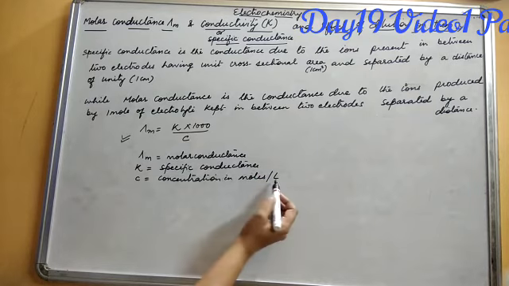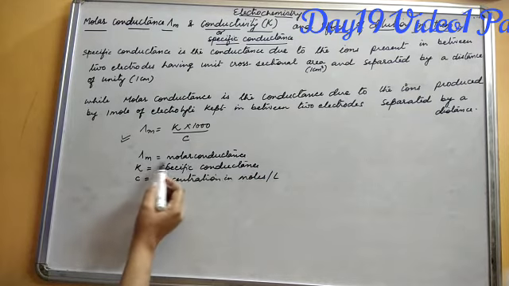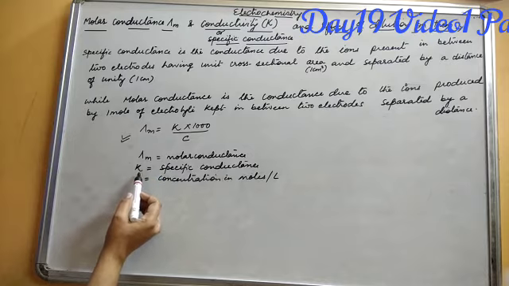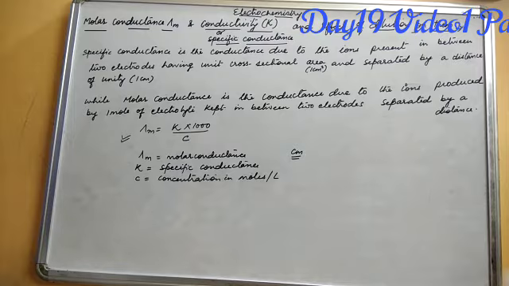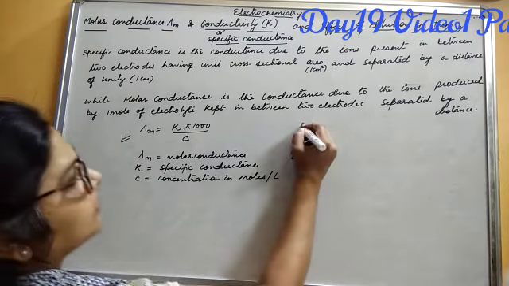When concentration is in moles per liter and the values of lambda m, molar conductance, and specific conductance are in centimeter units, or you can say non-SI units, then the formula will be lambda m equal to kappa into 1000 over C.